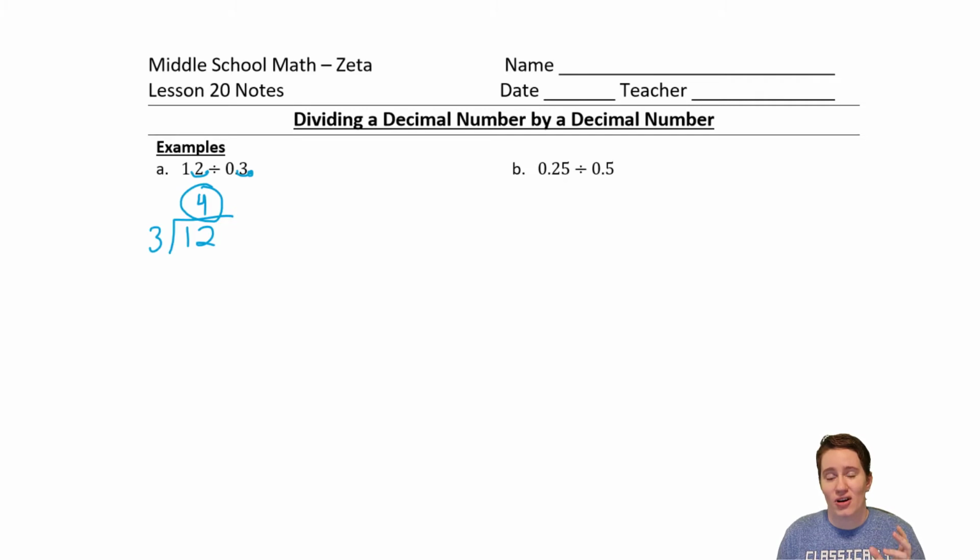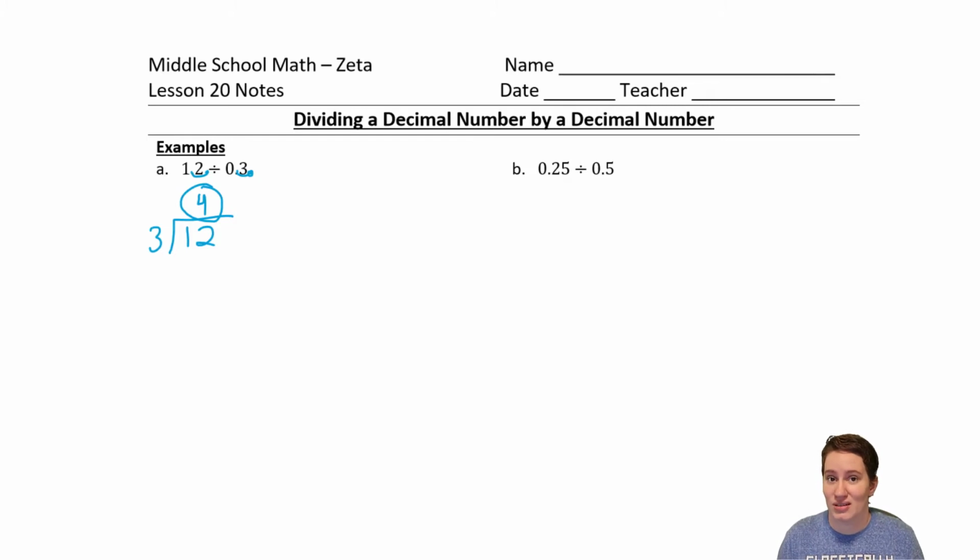But if the thing we're dividing by is actually bigger than the thing we're dividing into, then that creates a complicatedness that we might struggle with at first. So let's look at this. 0.25 divided by 0.5. This is saying how many 0.5s are there in 0.25.